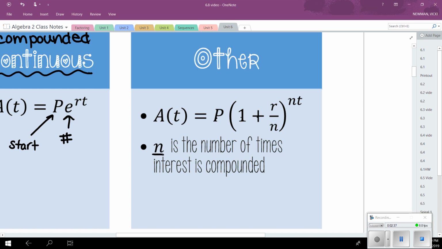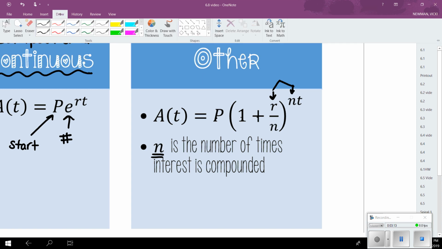So if you have something that's compounded instead of once a year, maybe twice a year, or 4 times a year, or monthly, so 12 times a year, or weekly is 52 times a year, or daily, which is 365 times a year, depending on the year, then you would need this formula. The interest rate is affected by the number of times it's compounded, but so is the time.